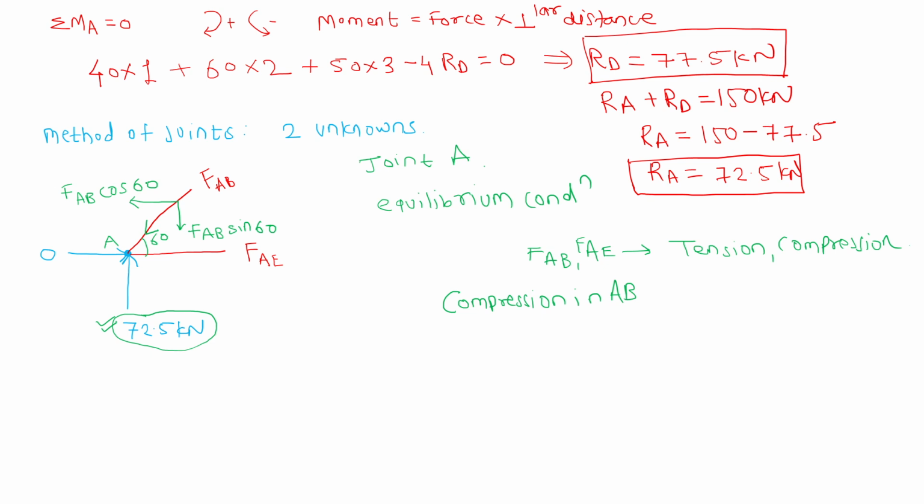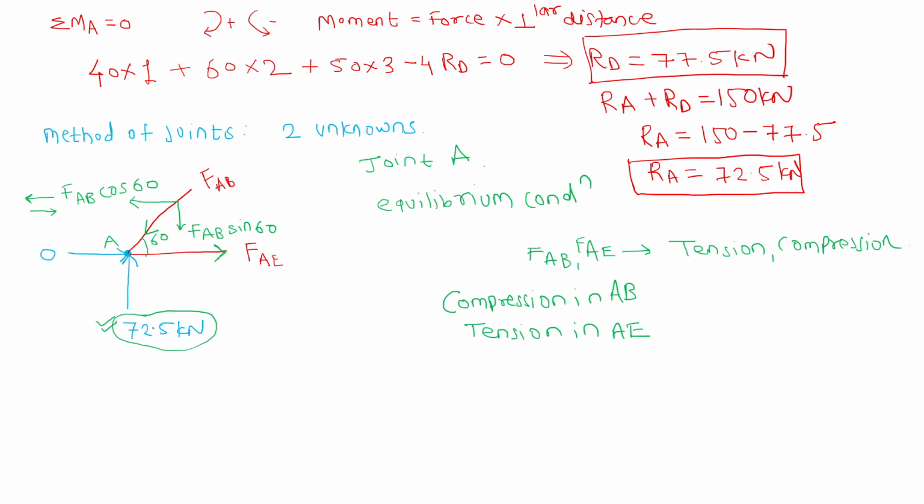Okay, now as there is a force which is going towards left, that is AB cos 60, so to balance this there must be someone towards the right. So we will assume the force FAE like this, that is away from the joint. So I assume tension in member AE. Okay, away from the joint, tension; towards the joint, compression.